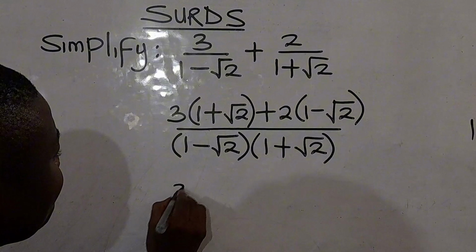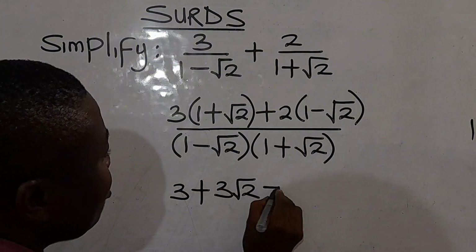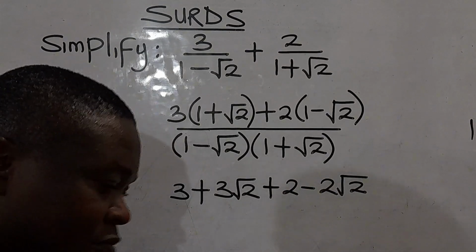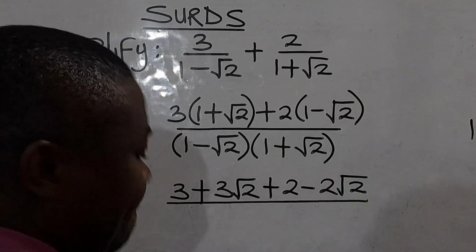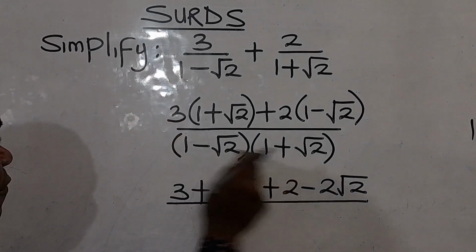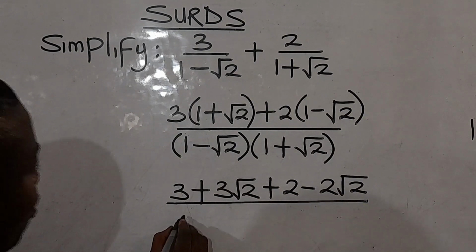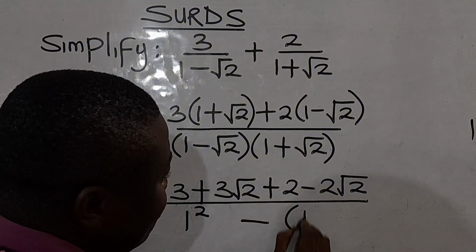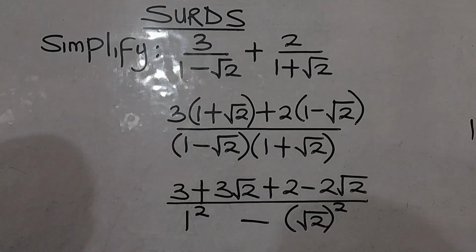You have 3 plus 3 root 2 plus 2 minus 2 root 2, divided by, remember, difference of two squares, you have 1 squared minus root 2 all squared, root 2 all squared.